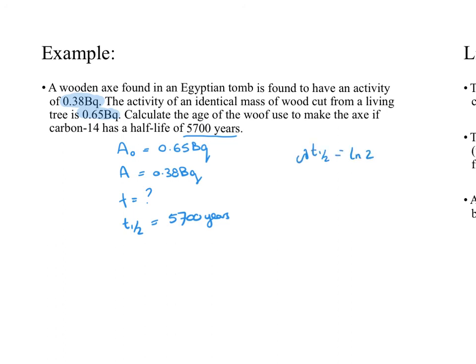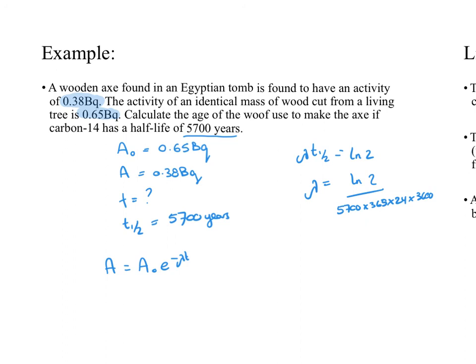We can always use that since we definitely need to use this equation. I need to calculate lambda, so I need to make sure that I change my half-life into seconds. So that's years, that's days, that's hours, and that's for the seconds.